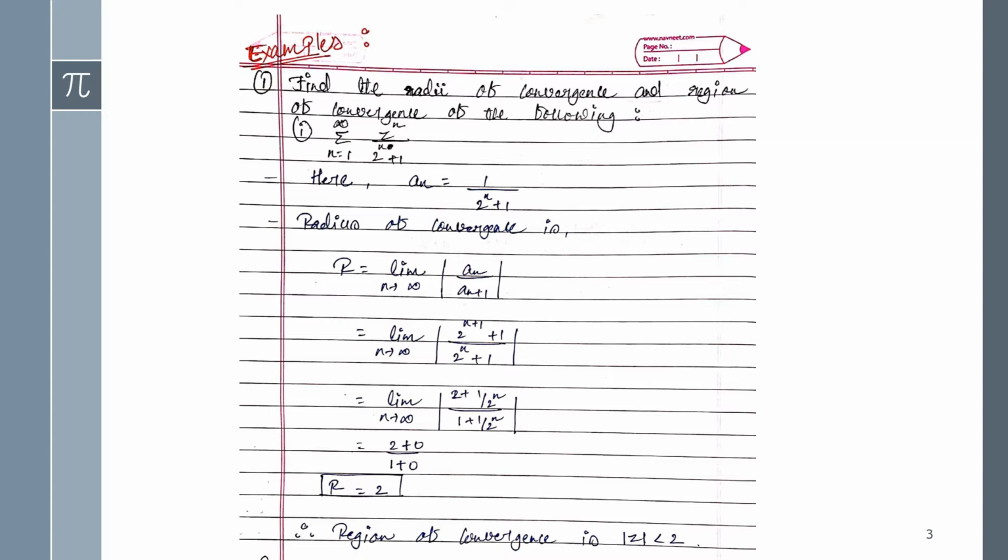If mod (z minus z0) is less than R, then it will be convergent, and if mod (z minus z0) is greater than R, then we can call it divergent, right?